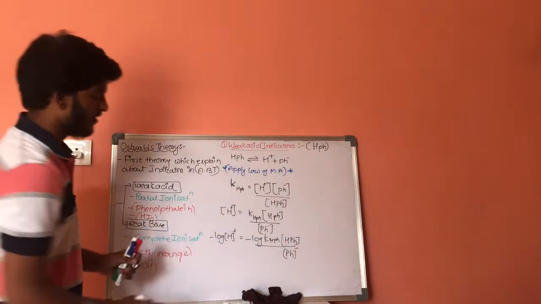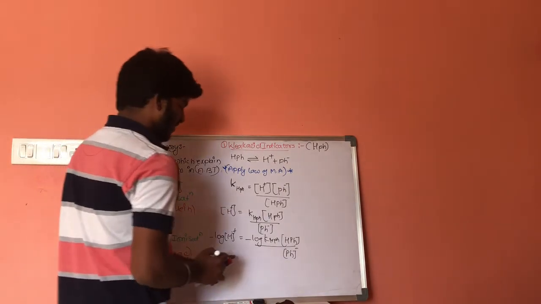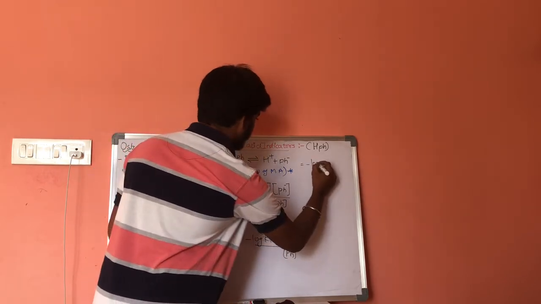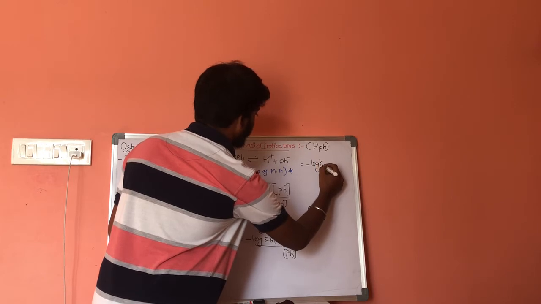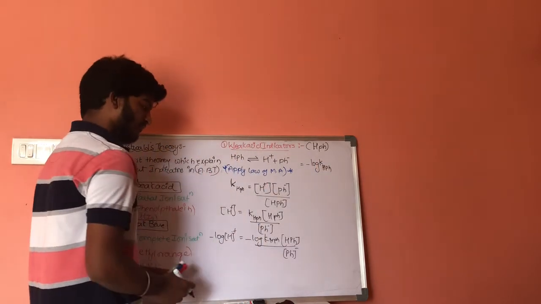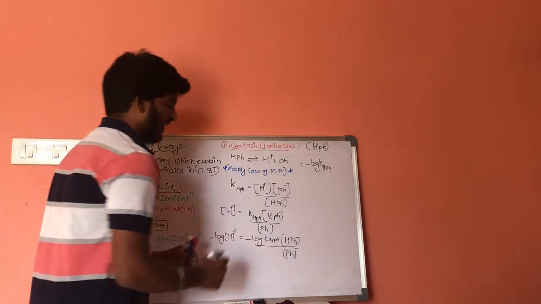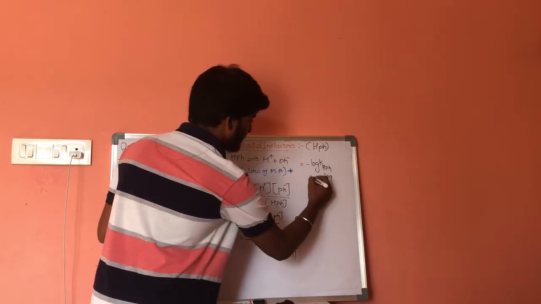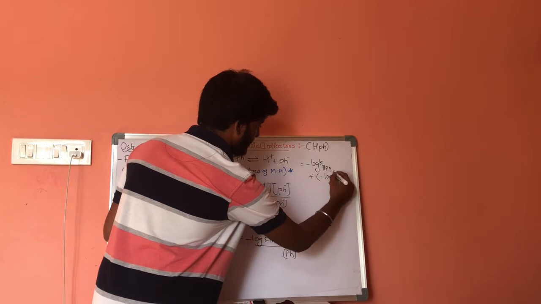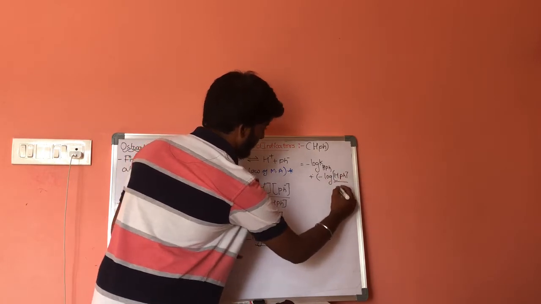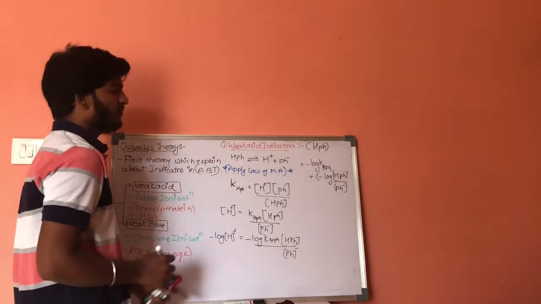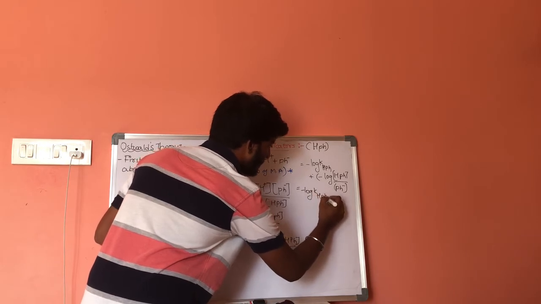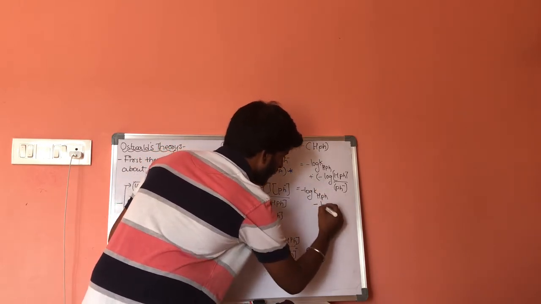This can be written as minus log K HPh plus minus log HPh by Ph minus.